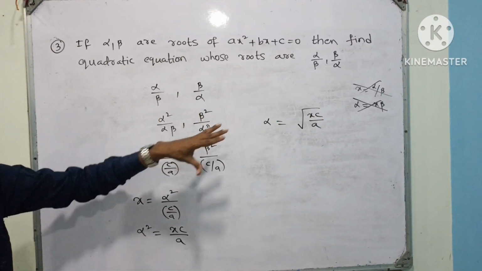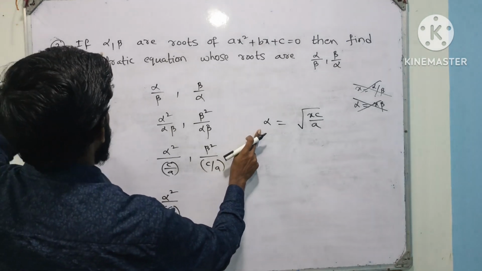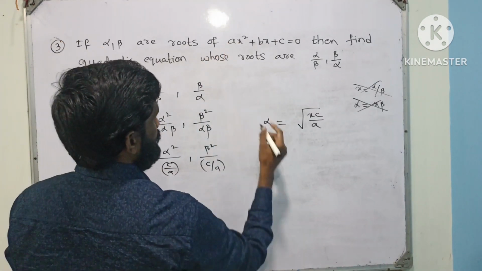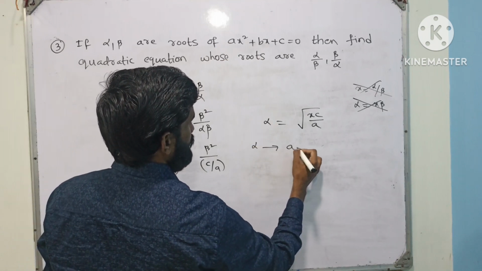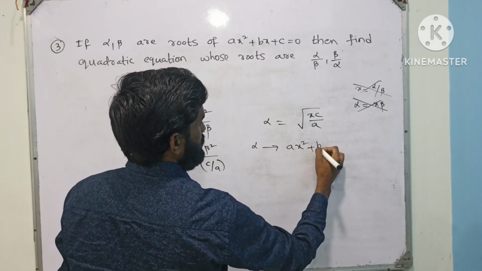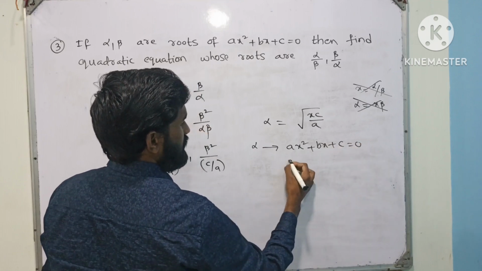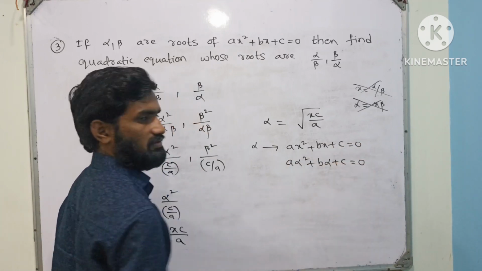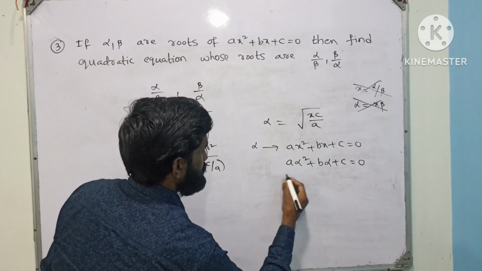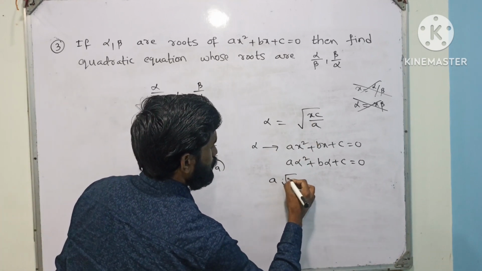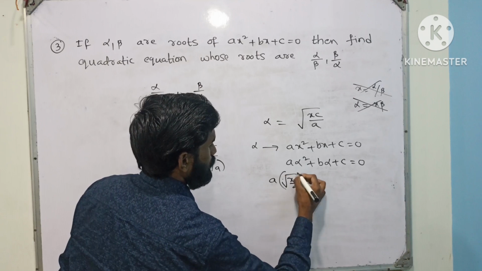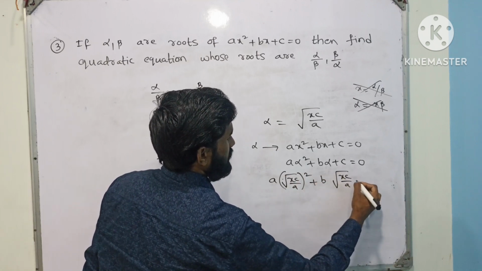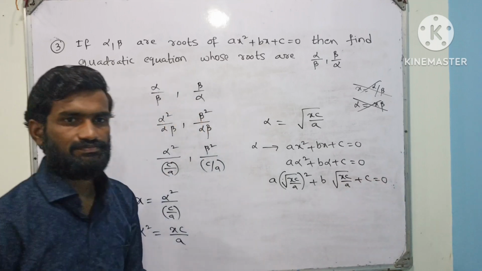Now we already know if alpha is the root of this equation, then we can substitute here. If alpha is the root of ax square plus bx plus c is equals to 0, then we can substitute a alpha square plus b alpha plus c is equals to 0. Now in place of alpha, just substitute a into root xc by a whole square plus b into root xc by a plus c, which is equals to 0.